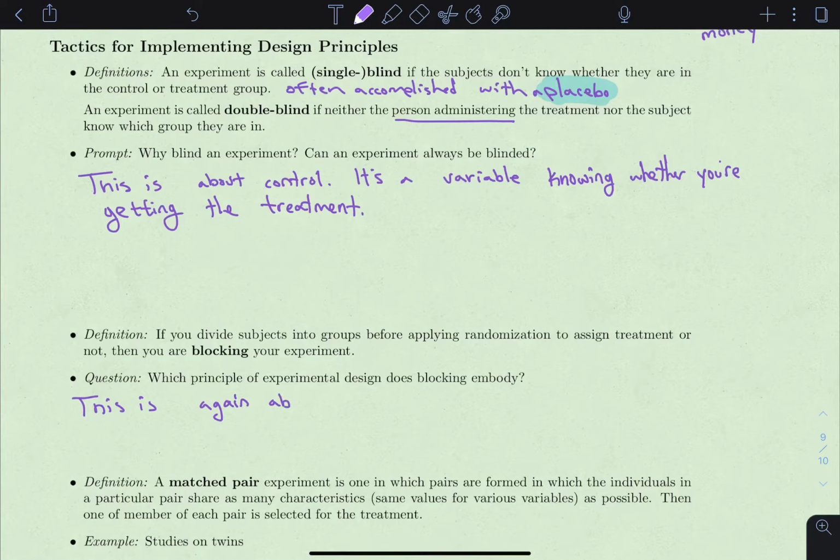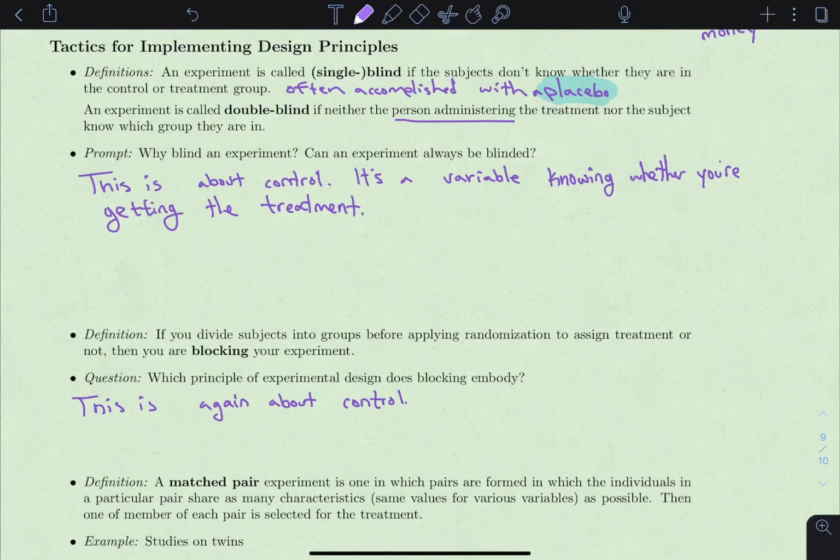If you think age is going to be important to your study, you can block on age ahead of time and then assign individuals in each age group to both the control and the treatment group. So you have representation of each age group in both the control and the treatment group.